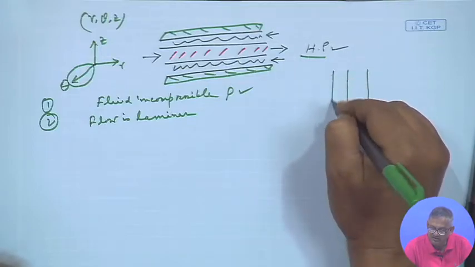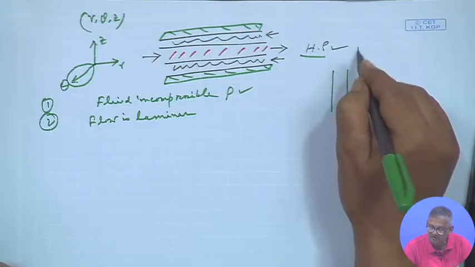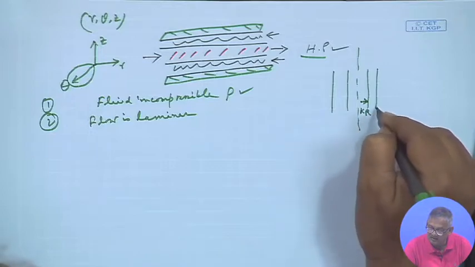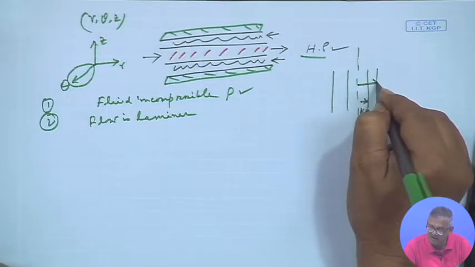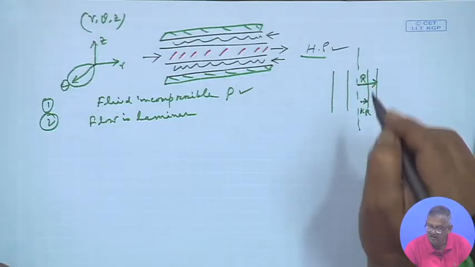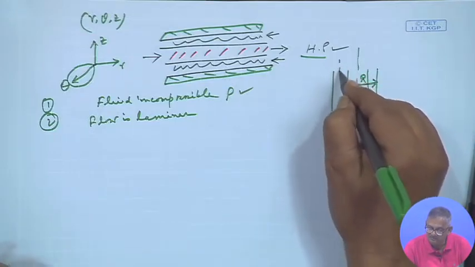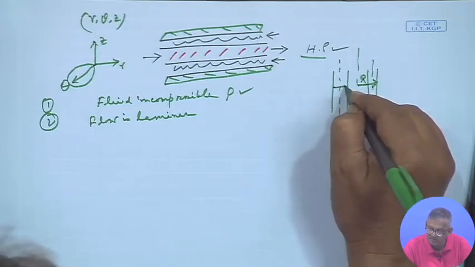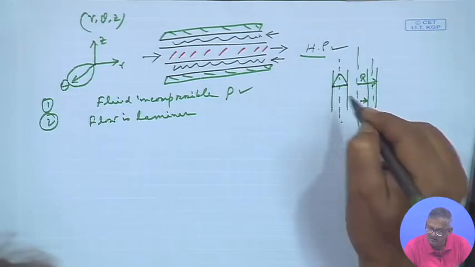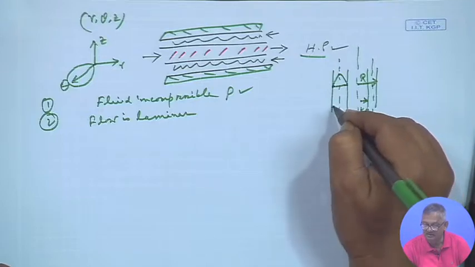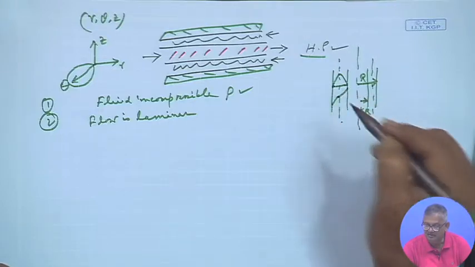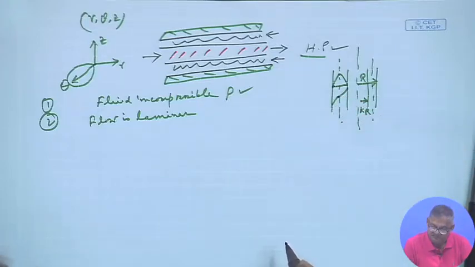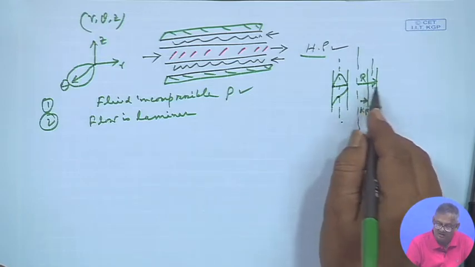I am not taking the thickness, and this was our axis, and we said this is to be kR, and this is to be R, and we have to find out what the velocity profile is in this, and what the stress profile is in this. So, kR and R are the radii.